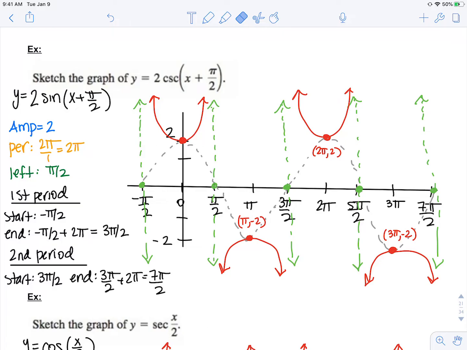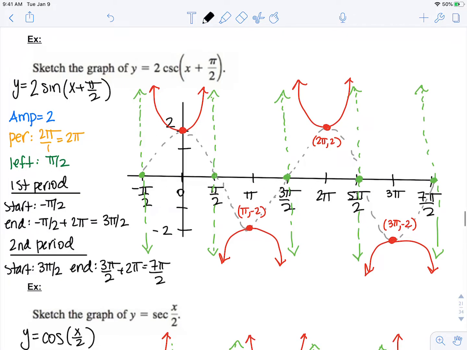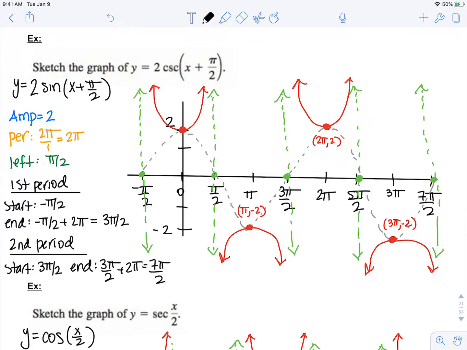Now that we know how to graph cosecant and secant functions, let's look back at each graph and identify the domain and the range. So it still connects to vertical asymptotes with the domain. We know that x cannot equal the first vertical asymptote.